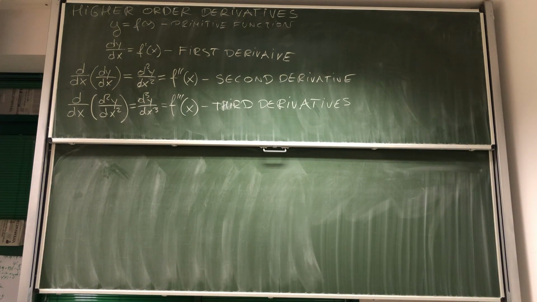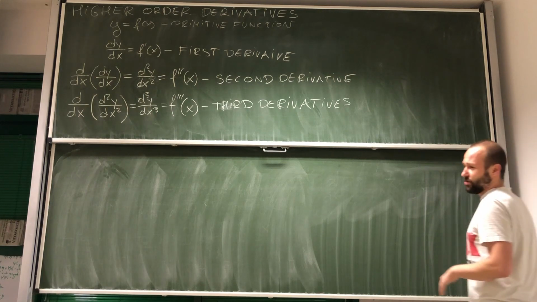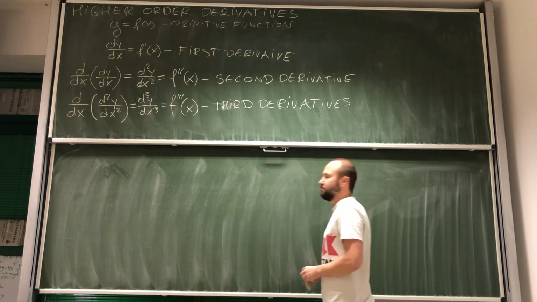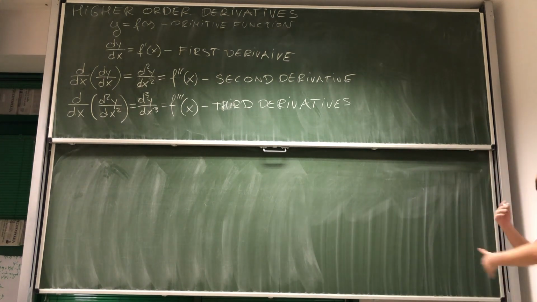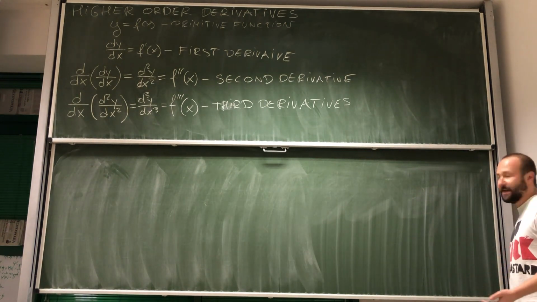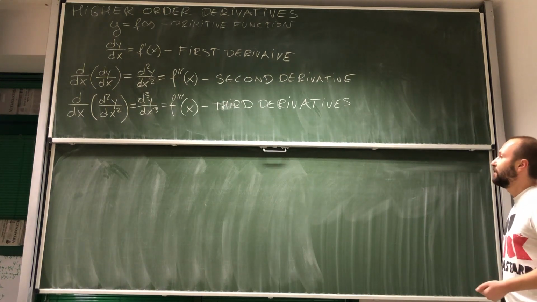The thing is, there are some functions that simply go through some changes when you apply derivatives. Some would stay the same, like e to the power of x or a constant function.